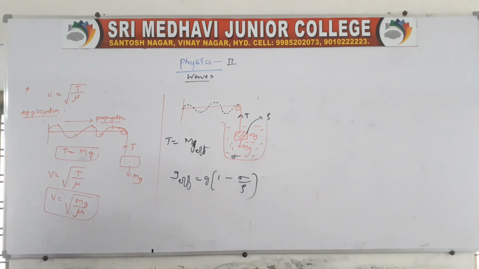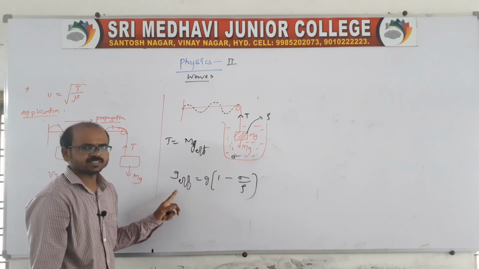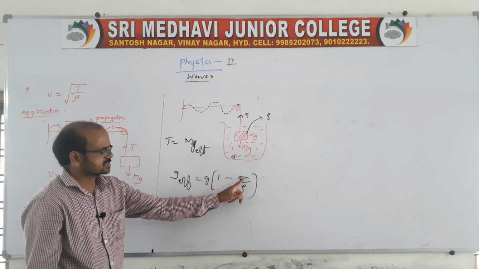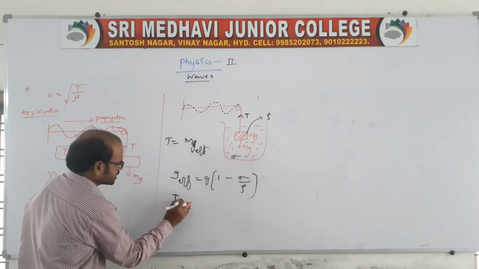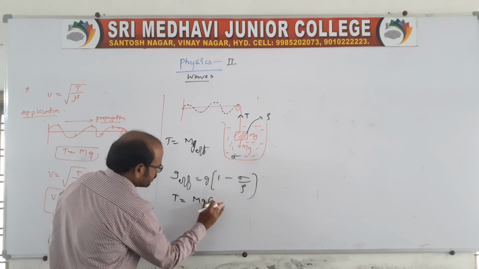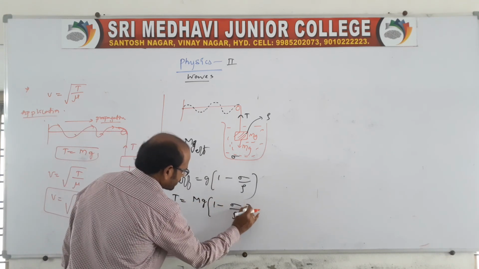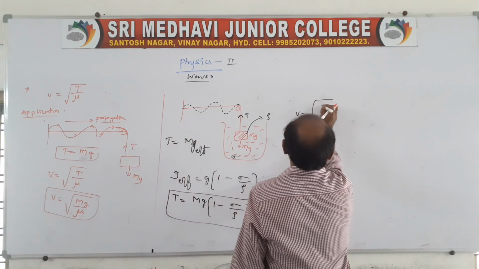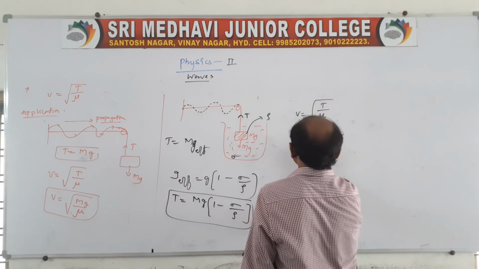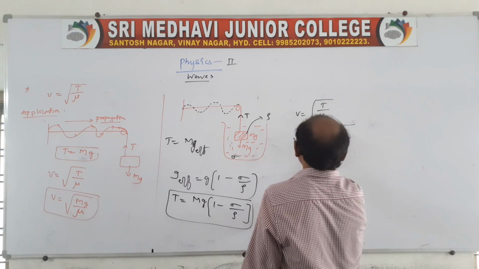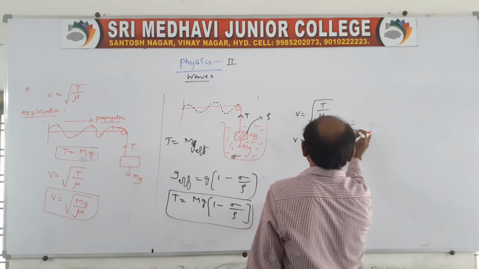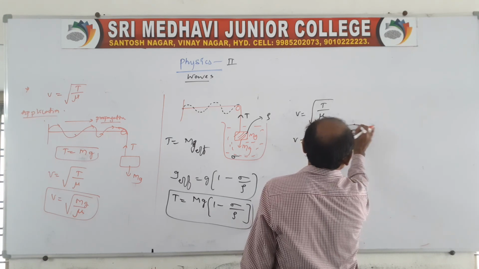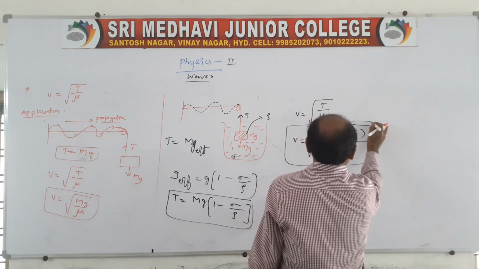The derivation for this is in the first year. So g effective will be g into 1 minus sigma by rho, and tension is equal to m g into 1 minus sigma by rho. Now take speed equal to root over T by mu. So the speed will be root over m g into 1 minus sigma by rho, divided by mu.